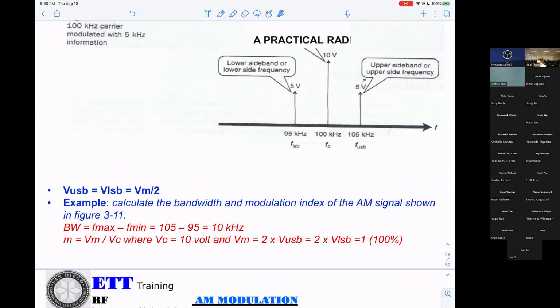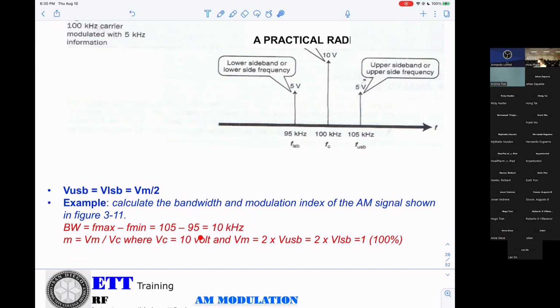Example: calculate the bandwidth and modulation index of the AM signal. So that means this one here. Bandwidth equals F maximum minus F minimum. That means you take 105 minus 95. You get 10 kilohertz. M will be equal to the ratio between VM and VC.